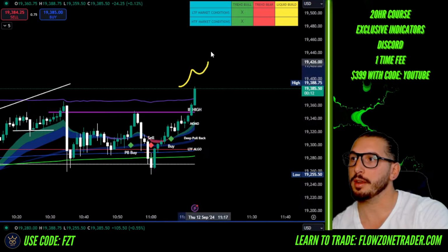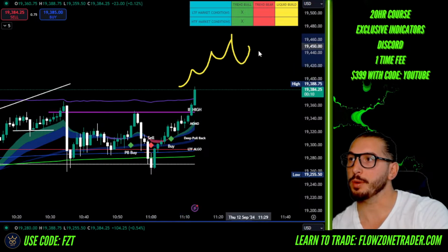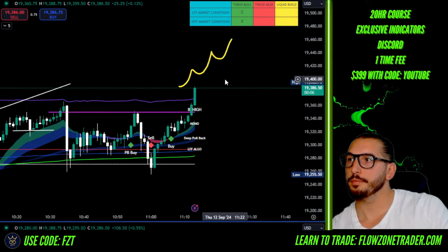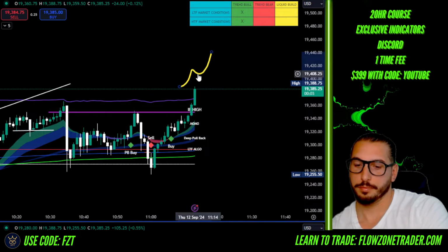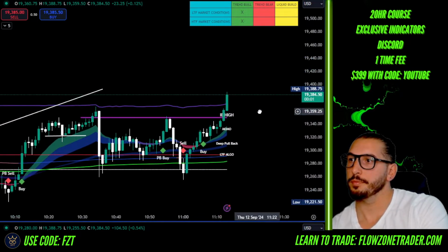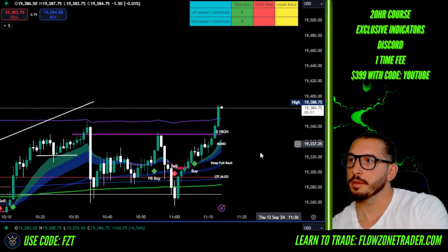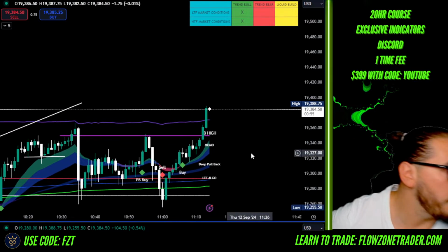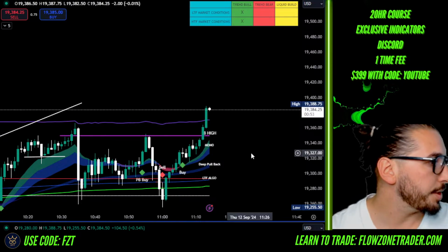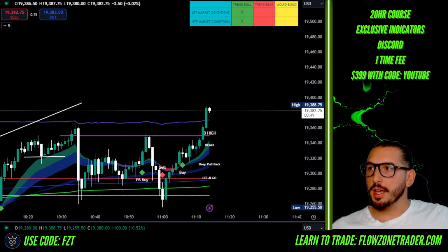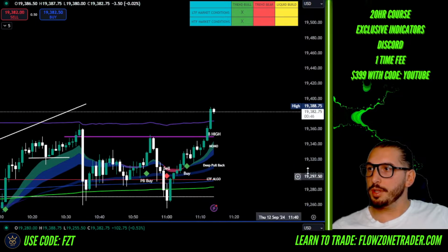Something like this, and then maybe we get a deep one that we can join as a trap. Finally have expansion through that range. ES is right at its 20-day. NQ is through the 20-day.